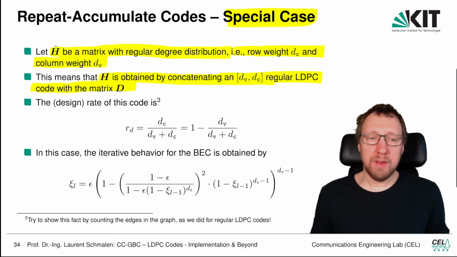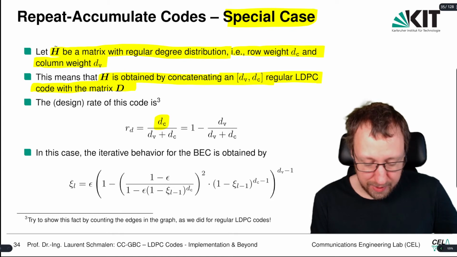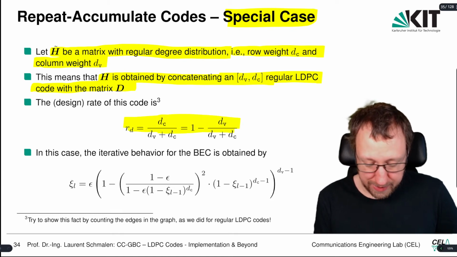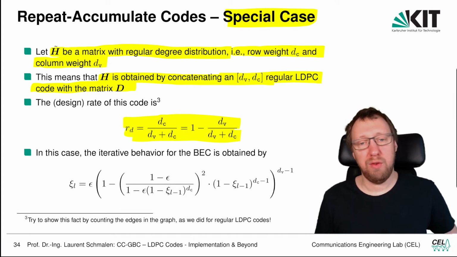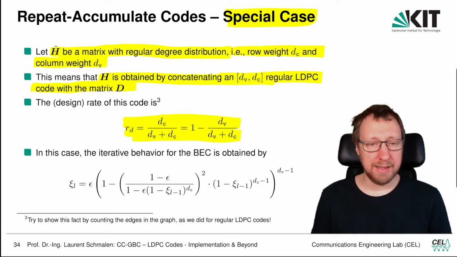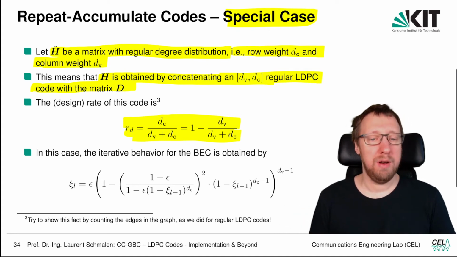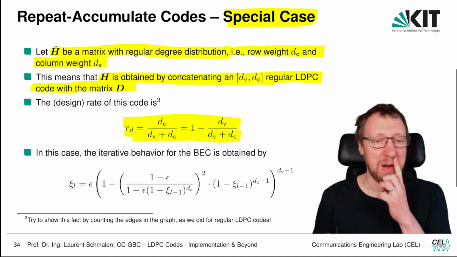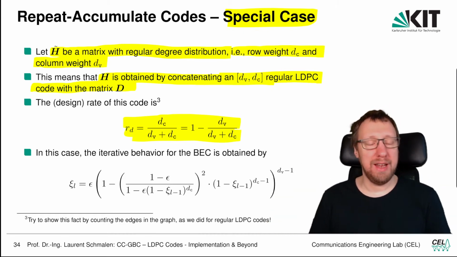So now the design rate of the code is given by DC divided by DV plus DC, or 1 minus DV over DV plus DC. A very good exercise for this is to show that this is actually the case. And you can do this again using a counting argument from the graph, just in a very similar way as we did for regular codes, just by counting the edges.